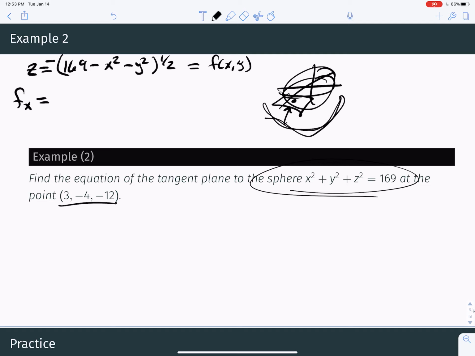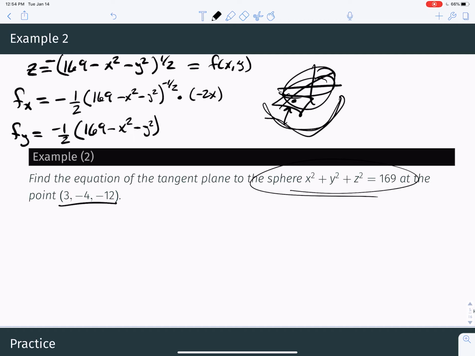Well, it would be negative 1/2 times (169 minus x squared minus y squared) to the negative 1/2, times the derivative of the inside, which will be negative 2x. And f_y, same kind of thing, but the derivative of the inside will be negative 2y. Okay, so those are my x and y partial derivatives.